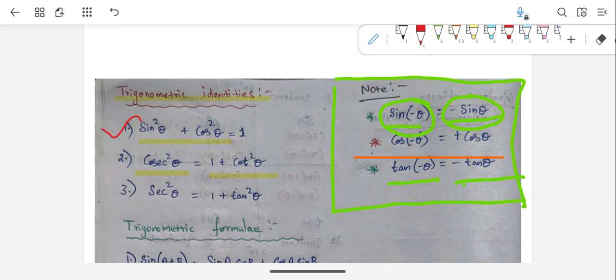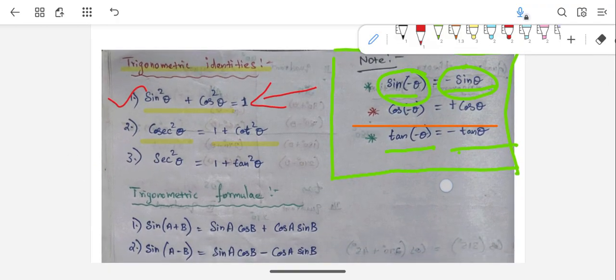If sine square 45 degrees is there, using the first trigonometric identity you can put 1 minus cos square theta. See, sine square plus cos square is equal to 1. So if you already have sine square theta, then you can put 1 minus cos square theta. That's it.